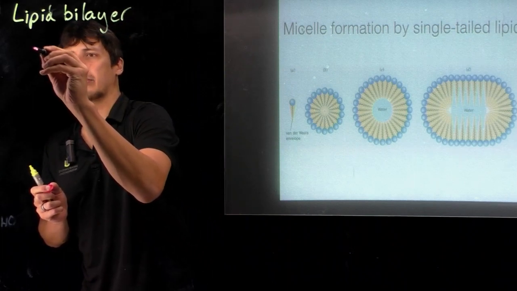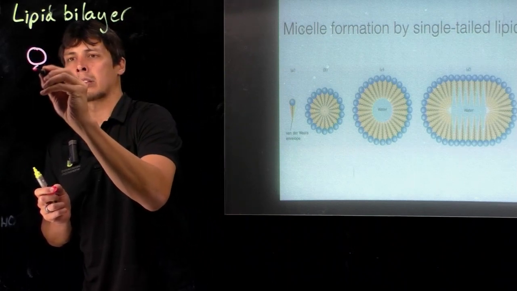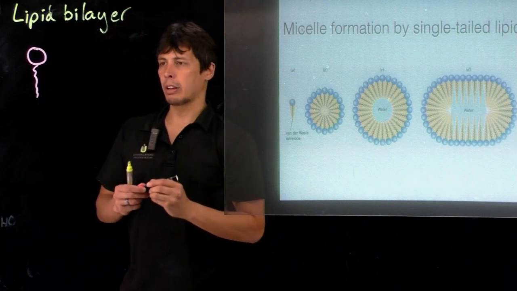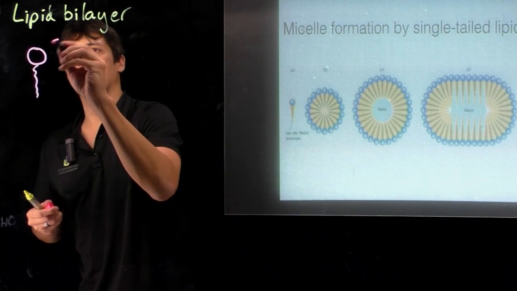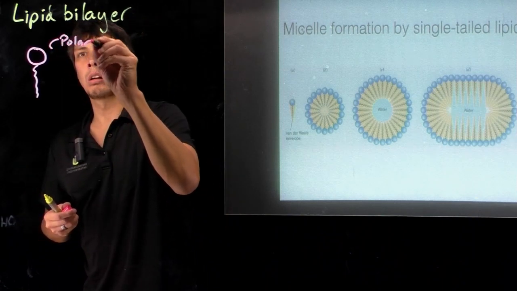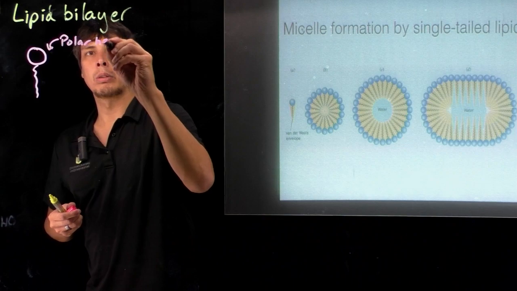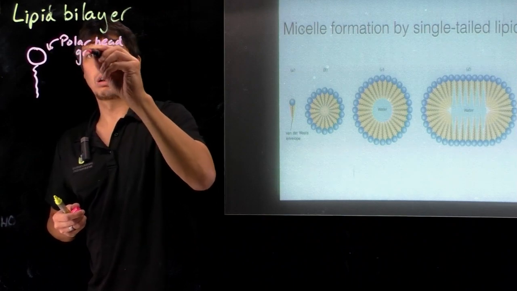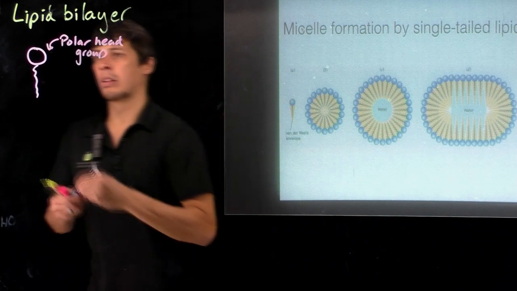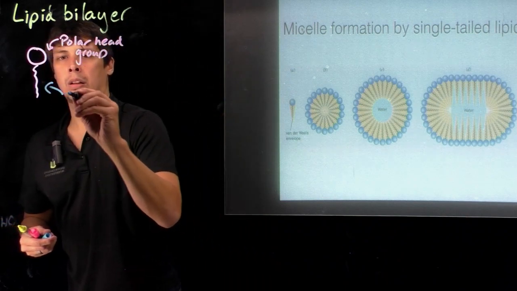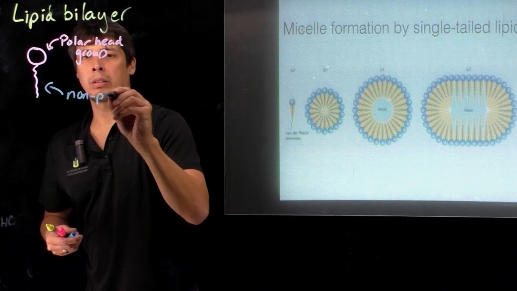So if we think of an amphiphilic molecule such as this, we have this nonpolar tail group here, and then we have this polar head group here, okay?